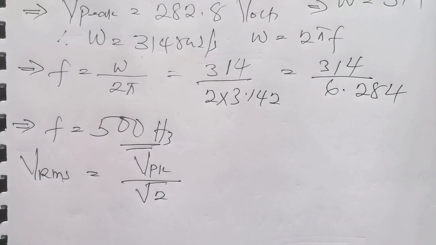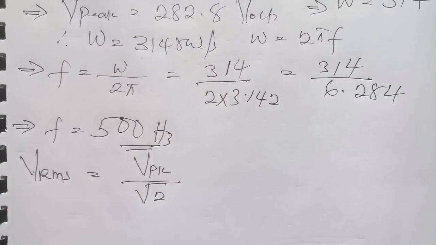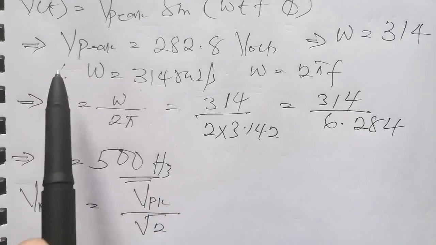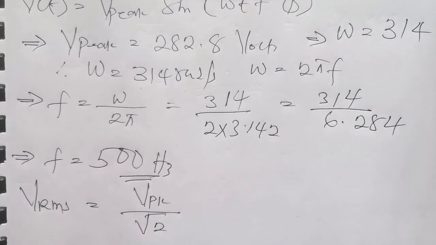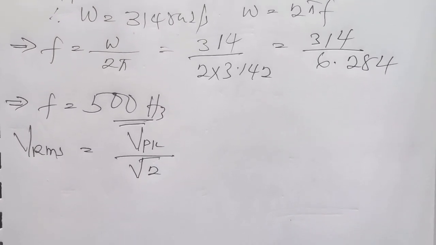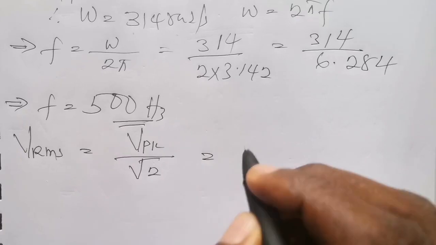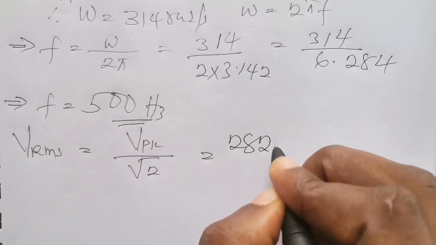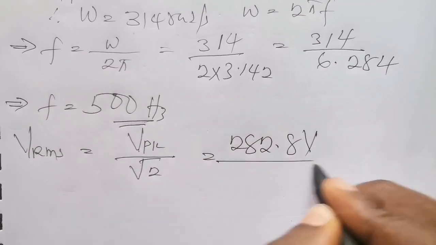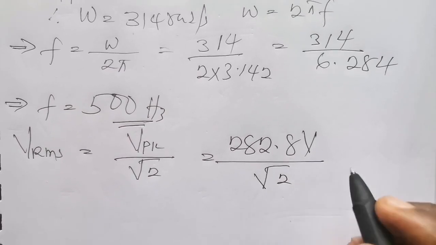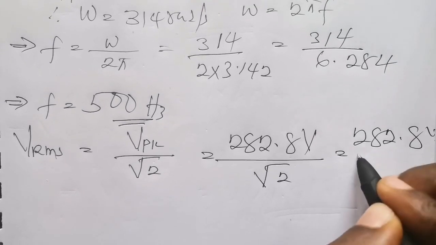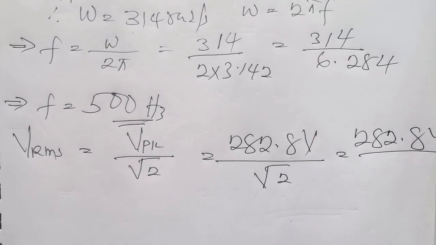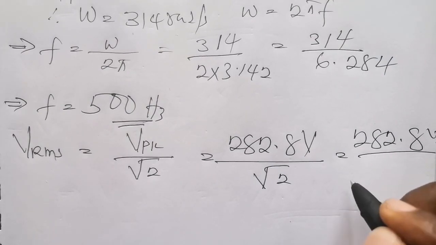So let's take a look at our options again. We obtained our peak voltage to be equal to 282.8 volts. Therefore, the root mean square voltage is equal to 282.8 volts divided by root 2. Let's obtain the square root of 2, that gives us 1.4142.